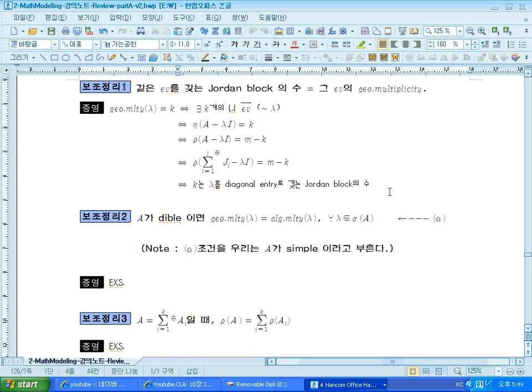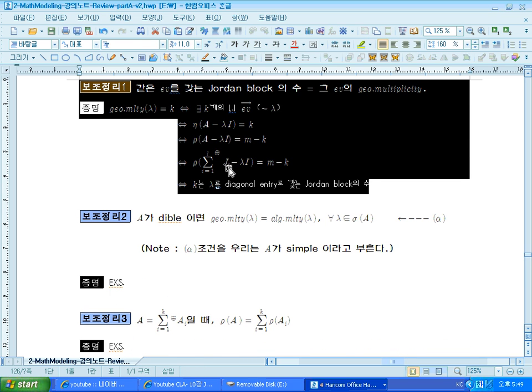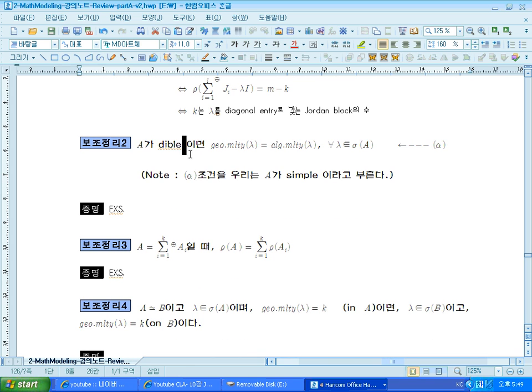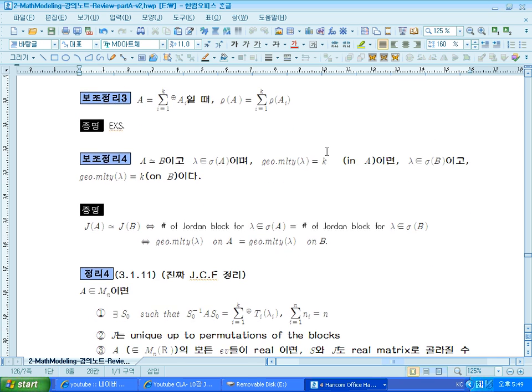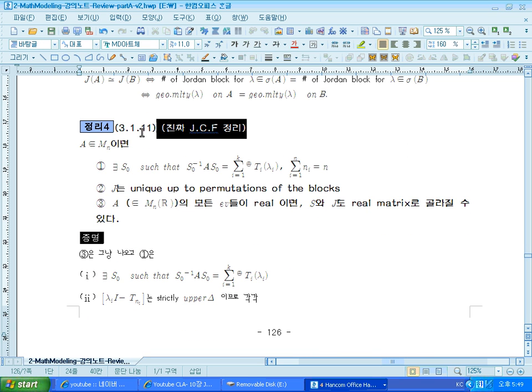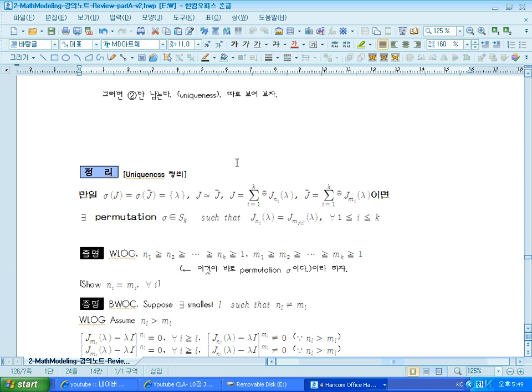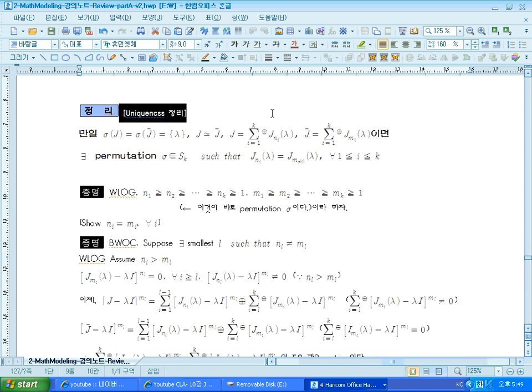The proof is very simple, like this. And if A is diagonalizable, then the geometric multiplicity of each eigenvalue is the same as the algebraic multiplicity of each eigenvalue of A.